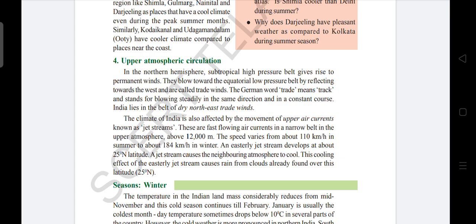An easterly jet stream develops at about 25 degrees north latitude, and a jet stream causes the neighboring atmosphere to cool. This cooling effect of the easterly jet stream causes rainfall from clouds which are already found over that particular latitude, which is 25 degrees north.